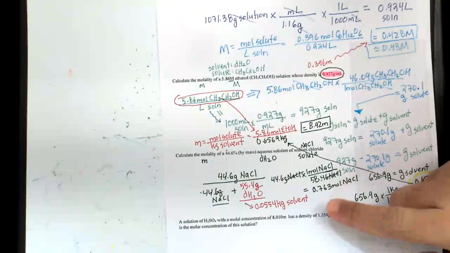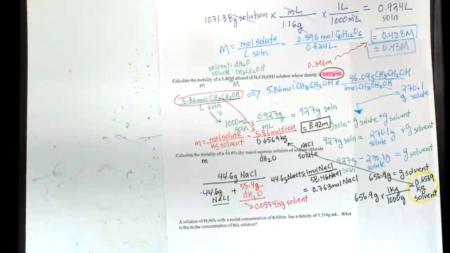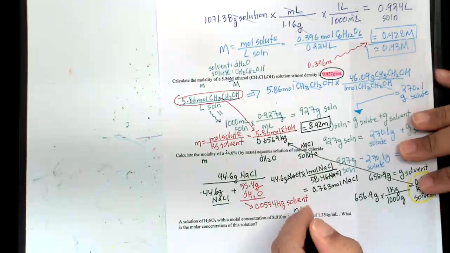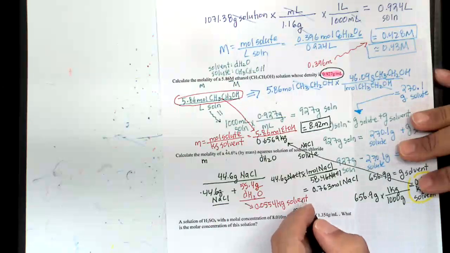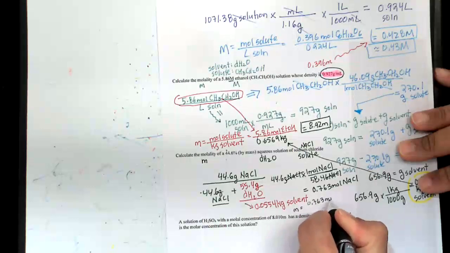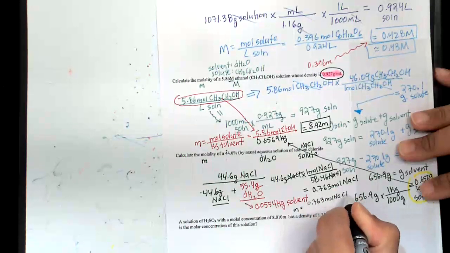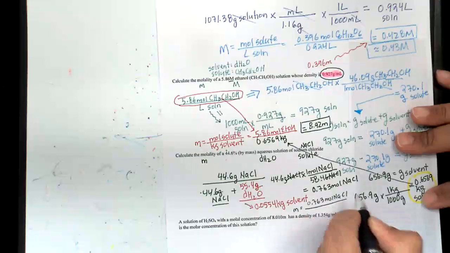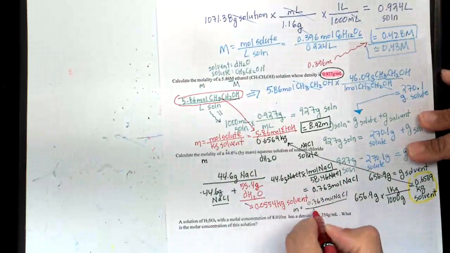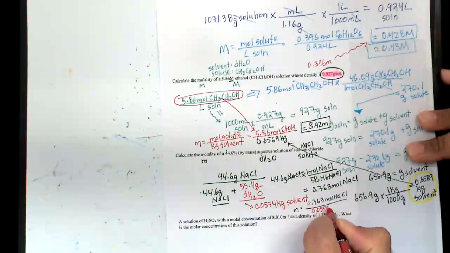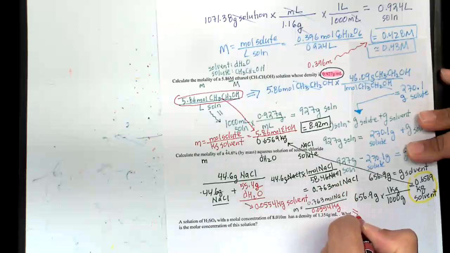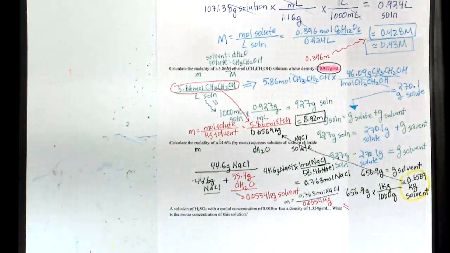Right, so we have moles of solute over kilogram of solvent, and this will give us the answer. Our moles of solute is 0.763 moles. What is our kilograms of solvent? 0.0554 kilograms. And what is this on our calculator?